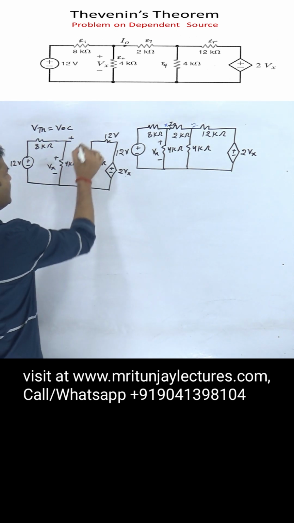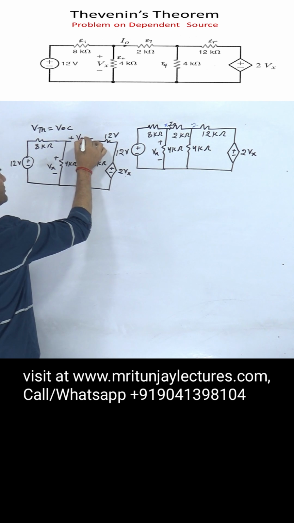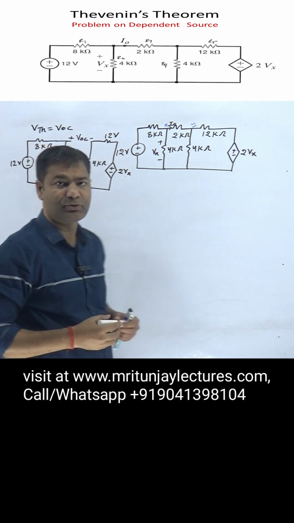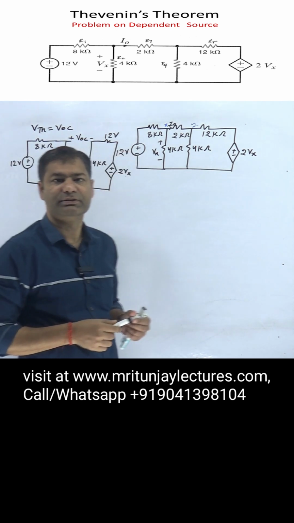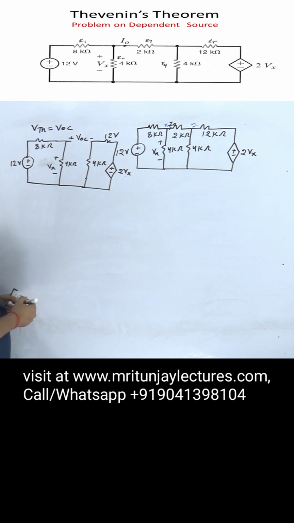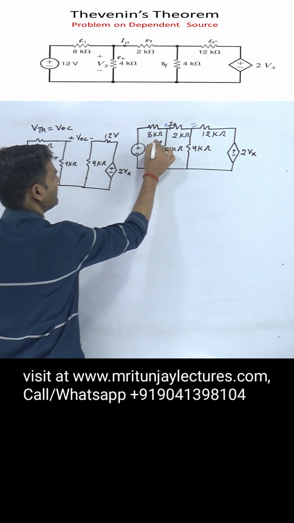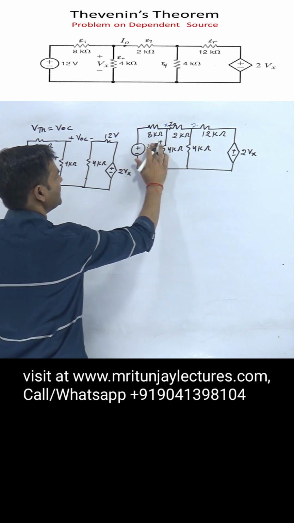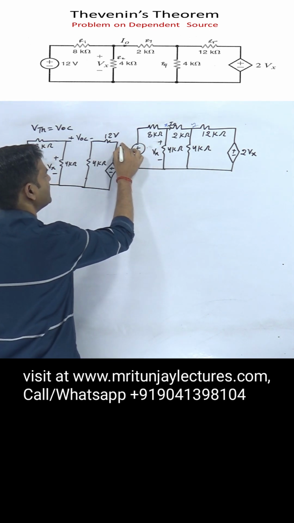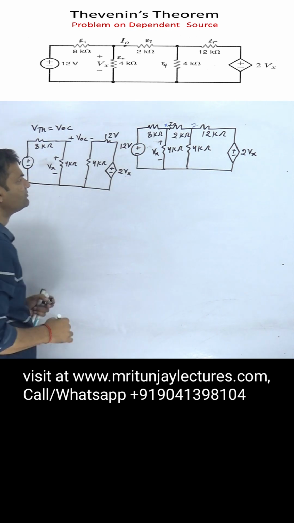Clear or not? And that is V of OC. So first of all, we determine V of OC. This 12 volt is written here as 12 volt. Clear?